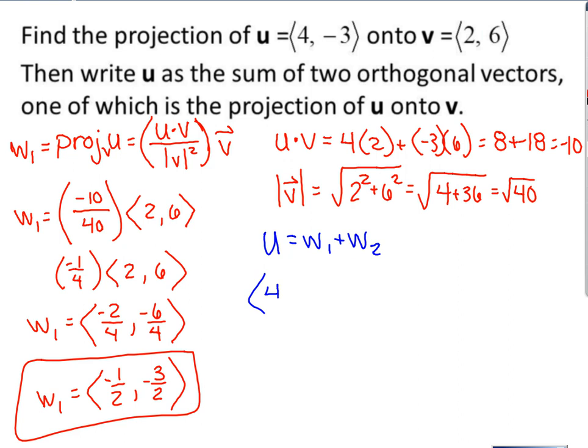We know vector u is 4 and negative 3. We know vector w sub 1 is negative 1/2, negative 3/2, and we need to find w sub 2. We're going to subtract vector w sub 1 to the other side. Since that has denominators of 2, we're going to make the one on the left also have denominators of 2.